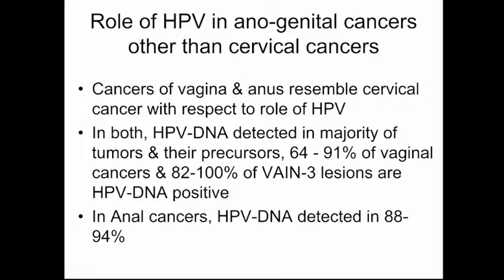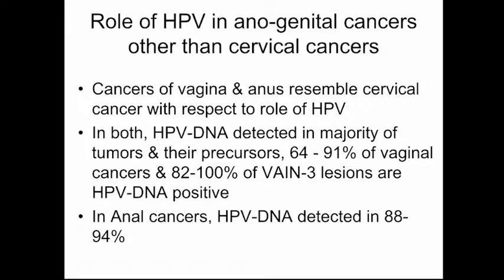For vaginal cancers it is between 64 and 91%, whereas for vaginal intraepithelial neoplasia it goes all the way to 100%. For anal carcinomas, HPV DNA was detected in between 88 and 94%. So again, the attributable cause is close to 100%.